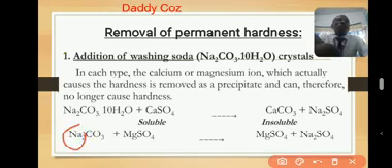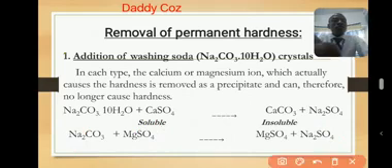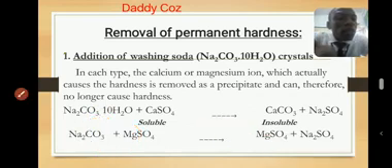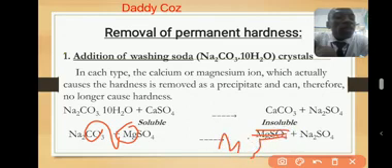The sodium will pick up sulfate and give us sodium sulfate, whereas the magnesium will pick up carbonate and give us magnesium carbonate. There's a mistake here. It is supposed to be magnesium carbonate, MgCO3. So this Mg picks up CO3, giving MgCO3.